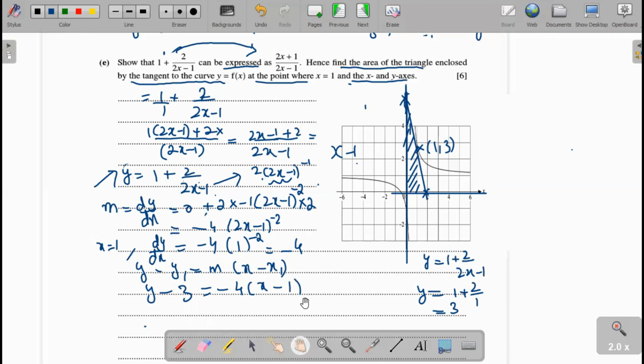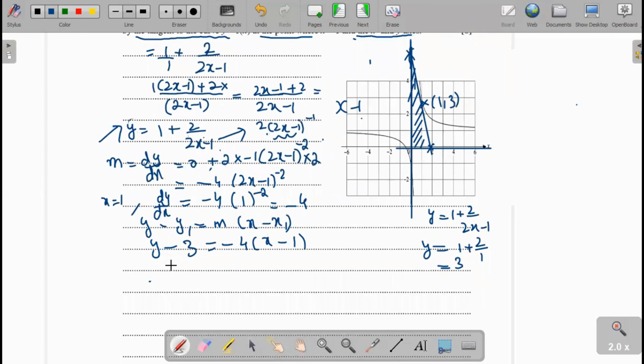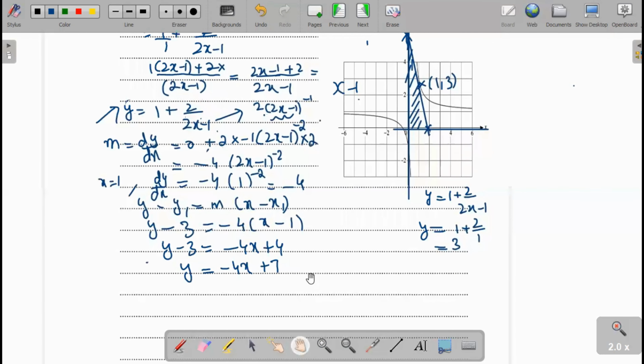Now, solve this. We get y minus 3 equal to minus 4x plus 4, so y equal to minus 4x plus 7. To find the x and y-intercepts: the y-intercept is 7, therefore (0, 7) is the point on the y-axis.